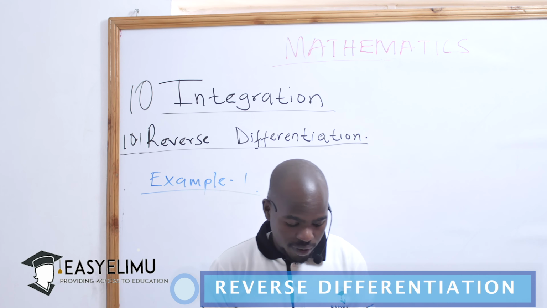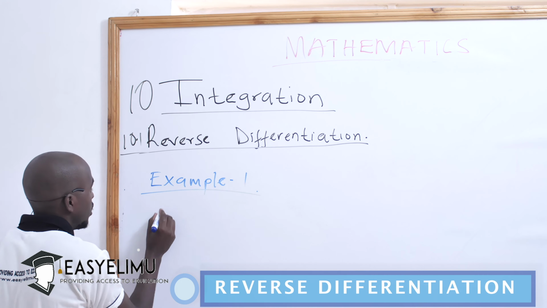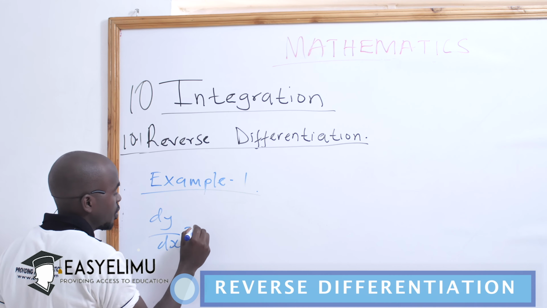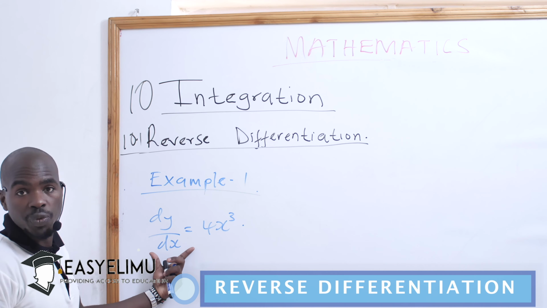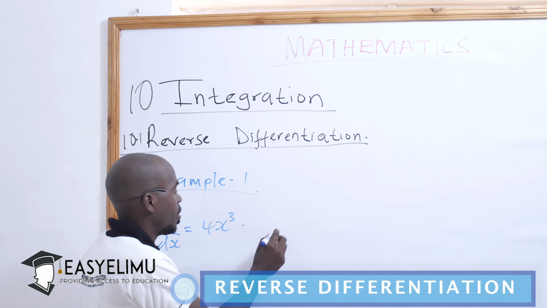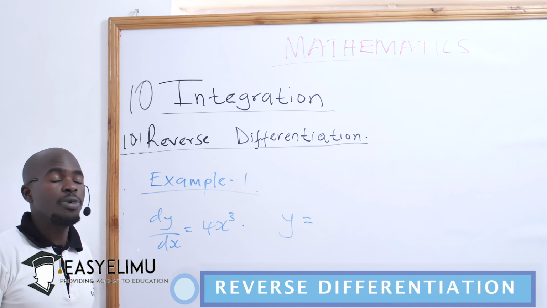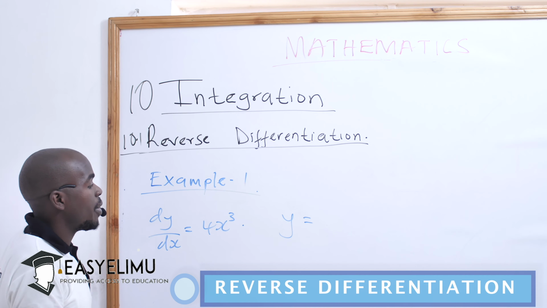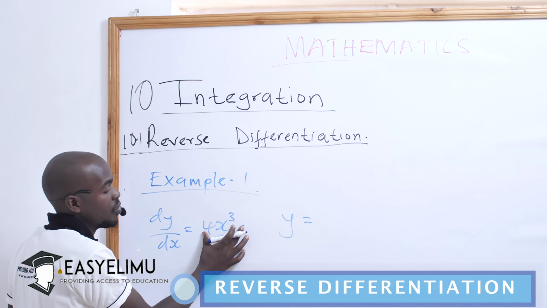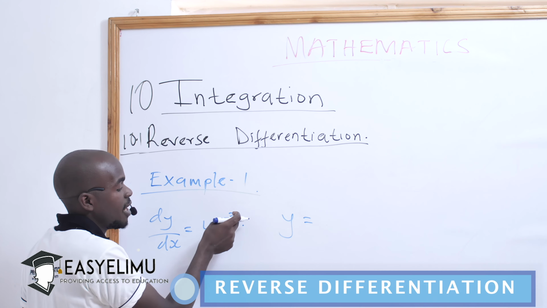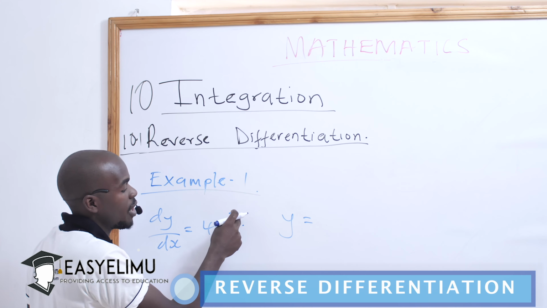So for example, find y if dy dx equals 4x cubed. To find y, you have to do the opposite of what you did in differentiation. In differentiation, to find dy dx, you take the power, multiply, and then subtract 1 from the power.